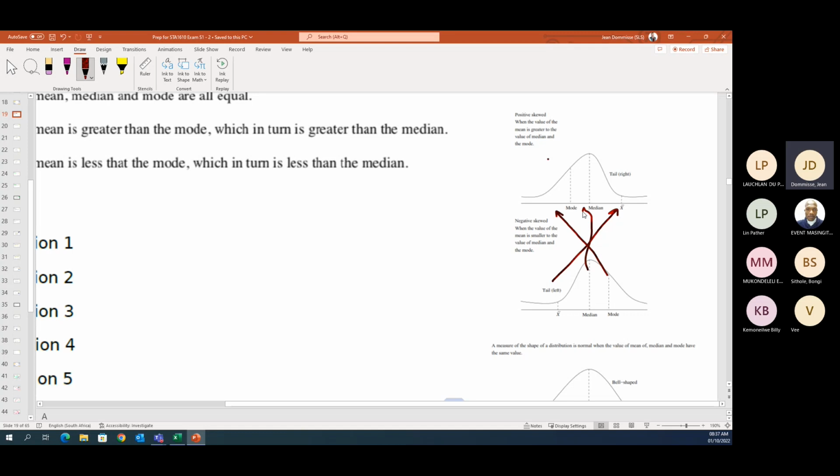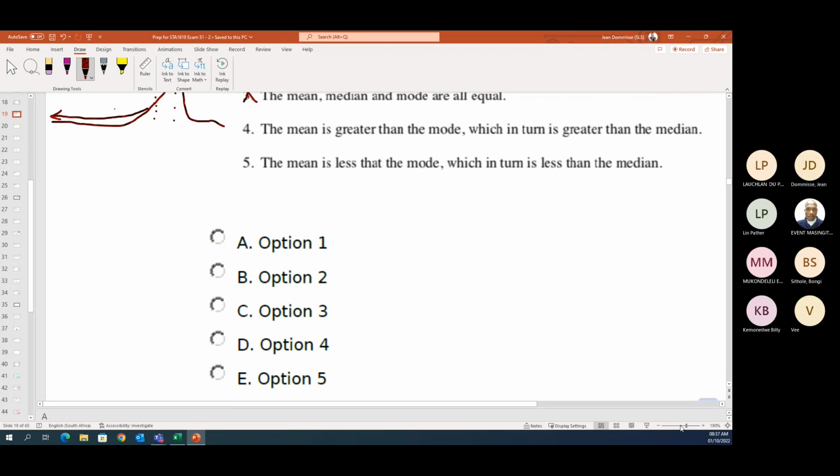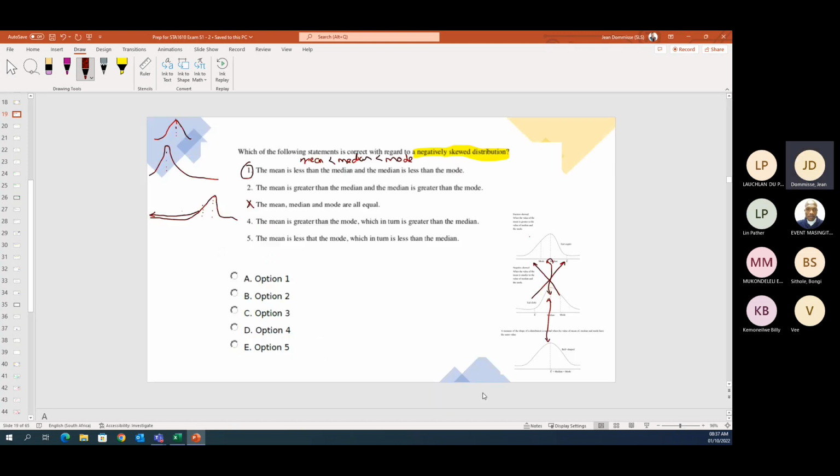So you can see your median is always in the middle. I think that's the important thing. Your median is always in the middle. So let's look at this question again. The mean is less, so median is in the middle. Mean is greater than the median, and the median is greater.